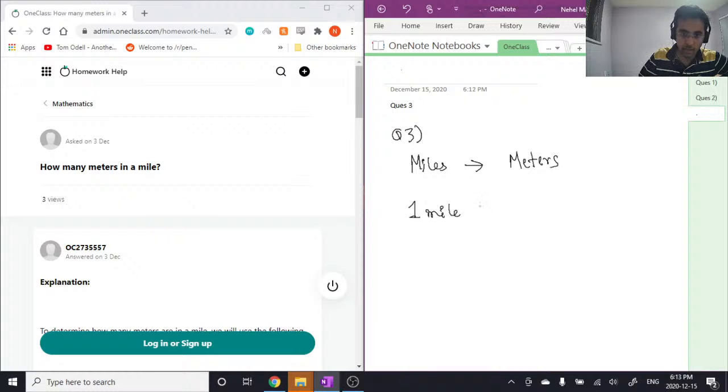So 1 mile is equal to 5280 feet. Now to get from feet to meters, I need to go through inches, then centimeters, and then get to meters. So 1 foot has 12 inches.